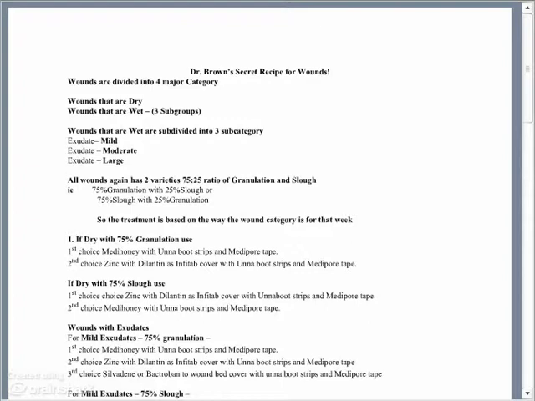And if it is a dry wound with 75% granulation tissue, my first choice is I like to use MediHoney with the Wunderboot strips and a Medipore tape. The reason is the MediHoney works as an autolytic debridement, and because it's hyperosmotic, it wicks away the moisture from the cells, so the intracellular space is dry, so the mitochondria can breathe and can produce more cell energy, whereas the extracellular space, the surface of the wound, stays moist, since the MediHoney moisture is retained on top.